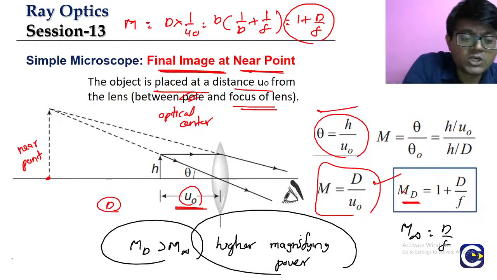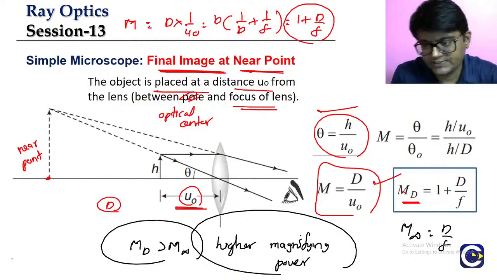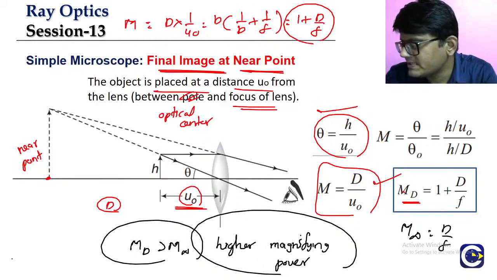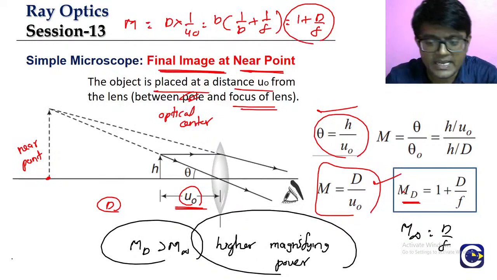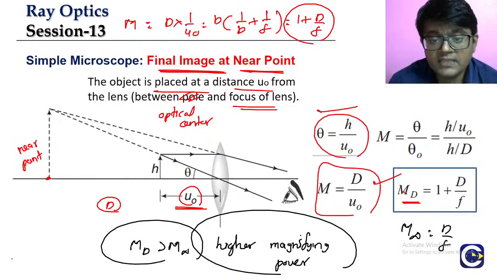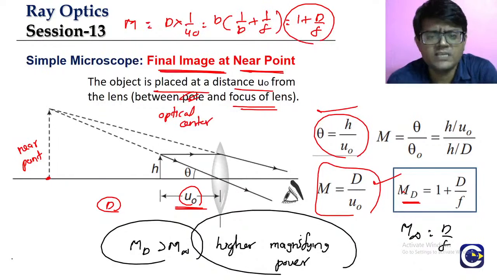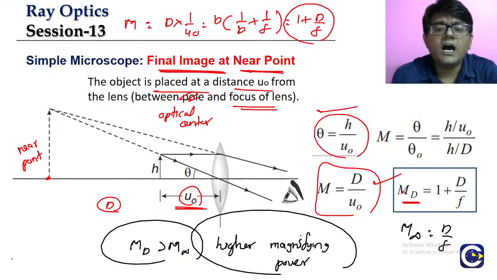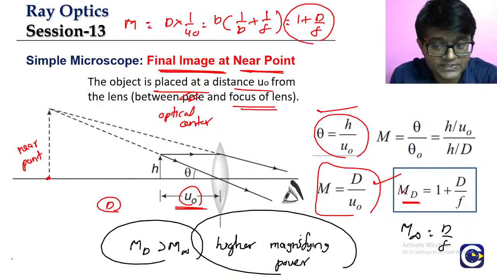But at what cost? At the cost of straining our eyes. We'll have to strain our eyes, then we will be able to get a higher magnifying power. But as we said, with a simple microscope we may not be able to achieve very high magnifying powers because of the limitations. You will start getting some aberrations.